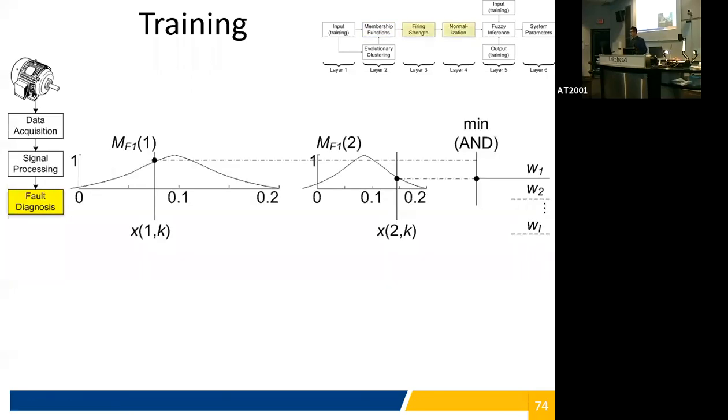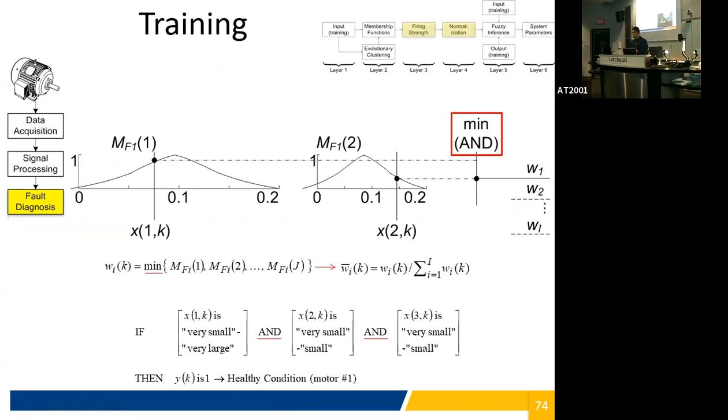Now, the next part of the training is to determine a firing strength and normalization of the output of the membership function. So we take a minimum here and then normalize it to represent the firing strength of a certain condition in its contribution to the final diagnostic output.